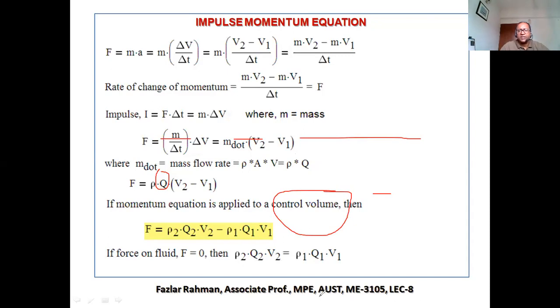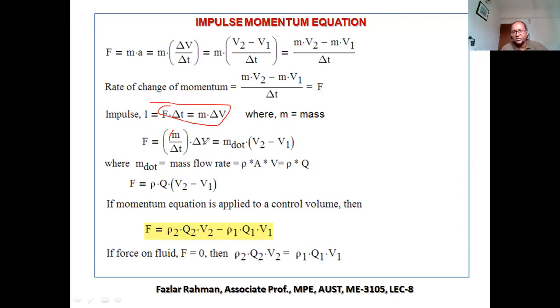So what is my F from this equation? F equals m into del v by delta T, right? And this delta T we can put at the bottom of delta V, then it gives you acceleration. But our intention is to go to the fluid, right? In a solid body there is no rate of change of mass, because mass remains constant.